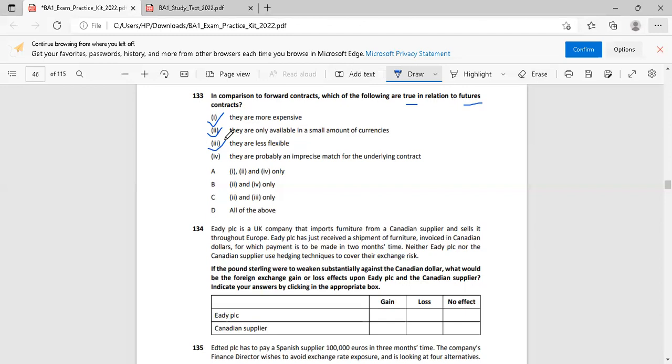They are probably an imprecise match for the underlying contract. Maybe the price that is decided may not be appropriate, an imprecise match for the underlying contract. So we can also take this to be an option. So all of the above go with the futures.